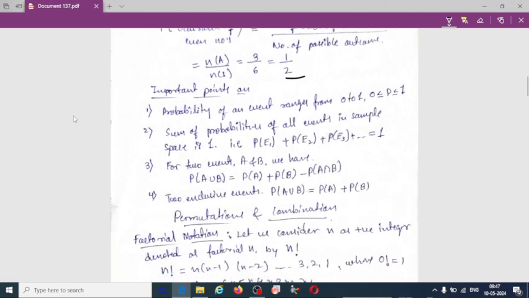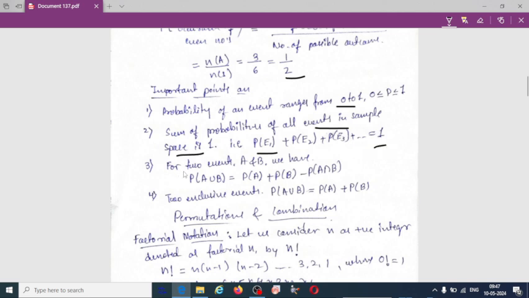Important points. The probability of an event ranges from 0 to 1, which means it always lies between 0 and 1. The sum of the probabilities of all events in the sample space is equal to 1. If we add the probabilities of all the events, the sum is equal to 1.